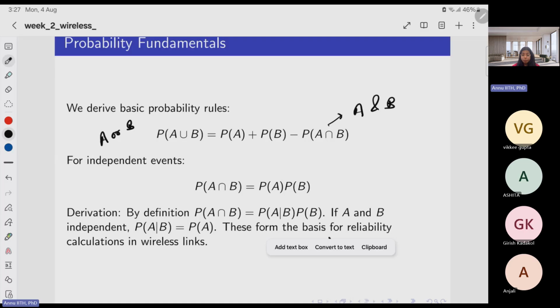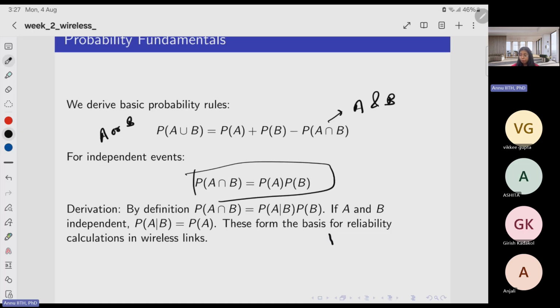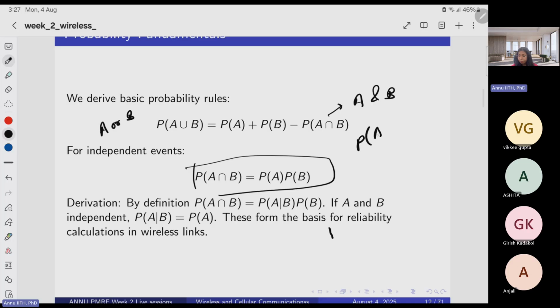Mutually exclusive events means the events share the same sample space but have no overlap. Anyway, you can go through some basics. For independent events, P of A intersection B is P(A) times P(B). Can anyone tell me what is the probability of A intersection B for mutually exclusive events? It's zero, because A intersection B is the empty set, there is no similarity between them.